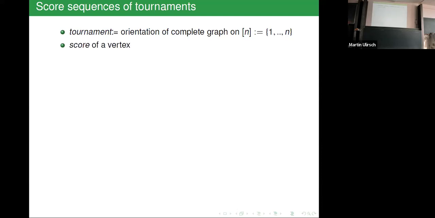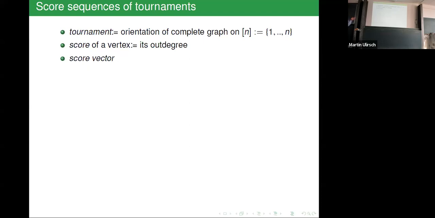Then we will count how many times a player won. So the score of the player represented by a vertex is the out-degree of the vertex. For some reason, for me, it's kind of unintuitive, but the arrow means that someone beats someone. So the out-degree is the number of won games.